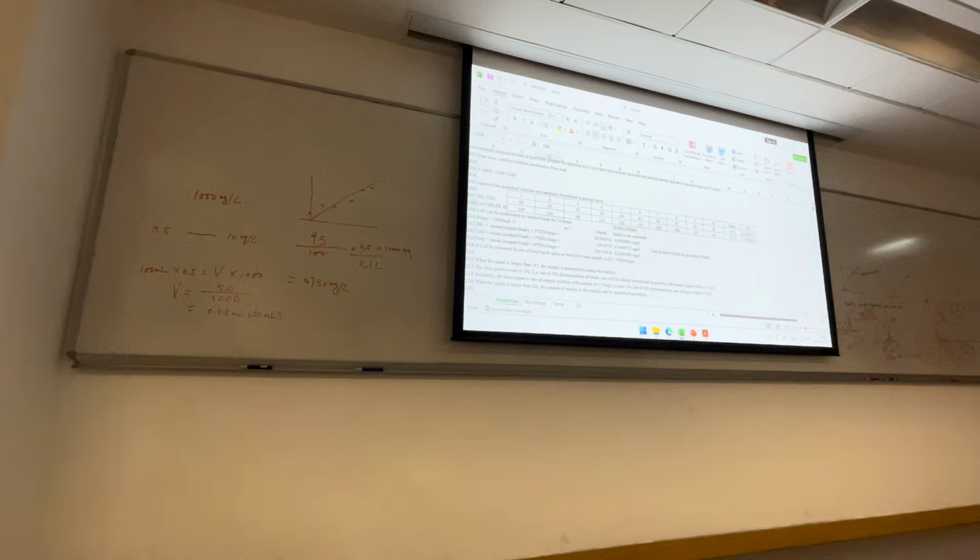So once again, 10 times, the mean and also the SD. The LOD will be the mean plus 3 times the SD. We are talking about Eurochem, okay? So here, all using the signal divided by the slope will give you back the concentration.